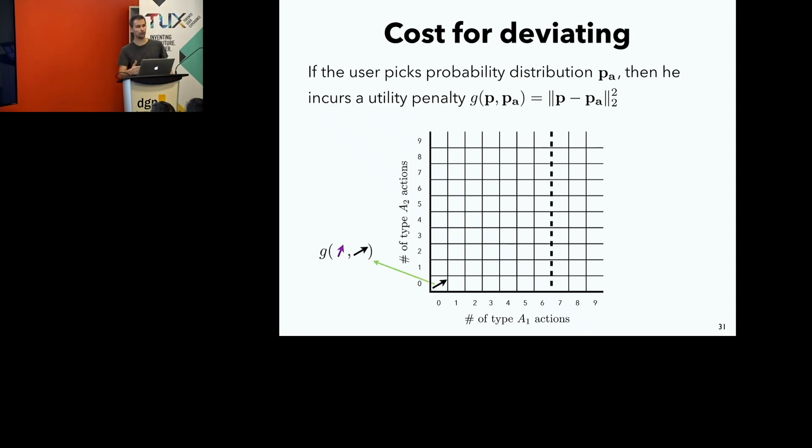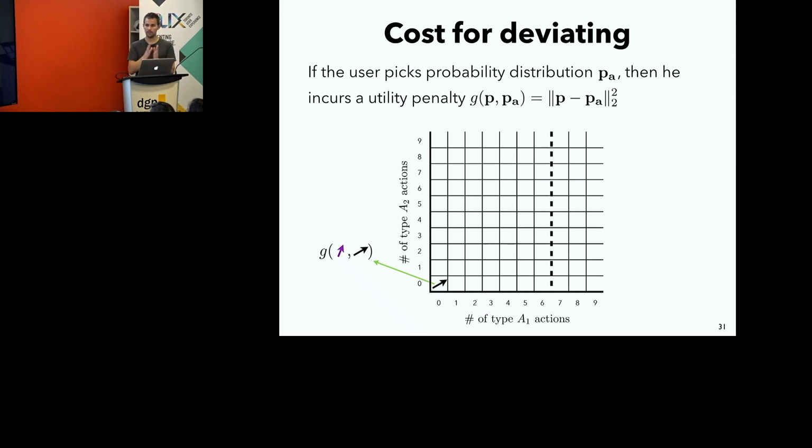Now, if the user, for whatever reason, picks a probability distribution in a certain cell that is different from their preferred direction, then they incur some penalty, because they always want to choose the actions they like to mix over. If you mix over actions differently than your preferred mix, you incur some penalty. Here we're just going to say it's the L2 squared loss function, but it could be anything with very simple properties that I won't get into. Okay, so that's it.